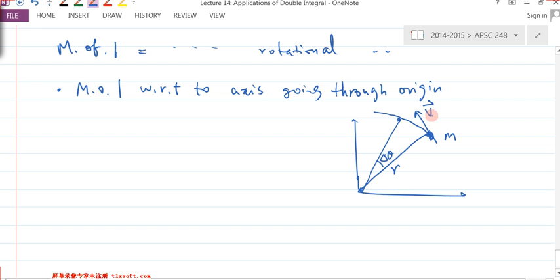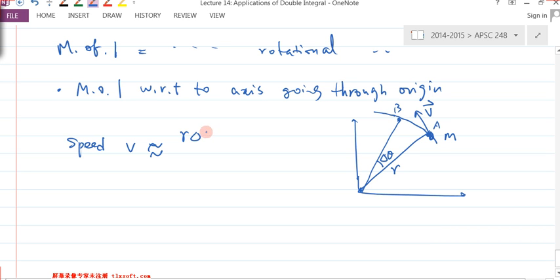Now let's look at the speed v. When this small mass m travels from this location to this location, it travels a distance described by arc AB. We know that speed is the displacement divided by the delta time.